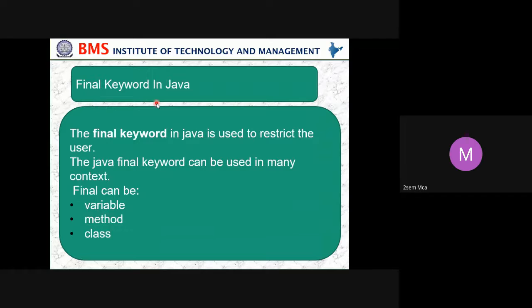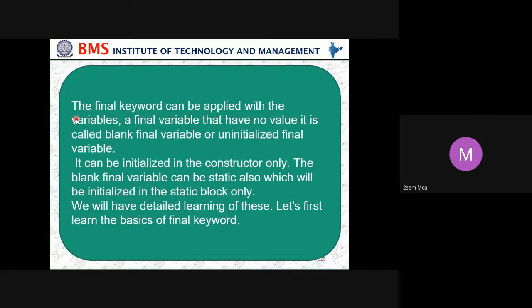So what is the final keyword used for in Java, and where should we use it? The final keyword in Java is used to restrict the user. The final keyword can be used in many contexts. Final can be used for variables, methods, and classes. We'll see them one by one. The final keyword can be applied to a variable.